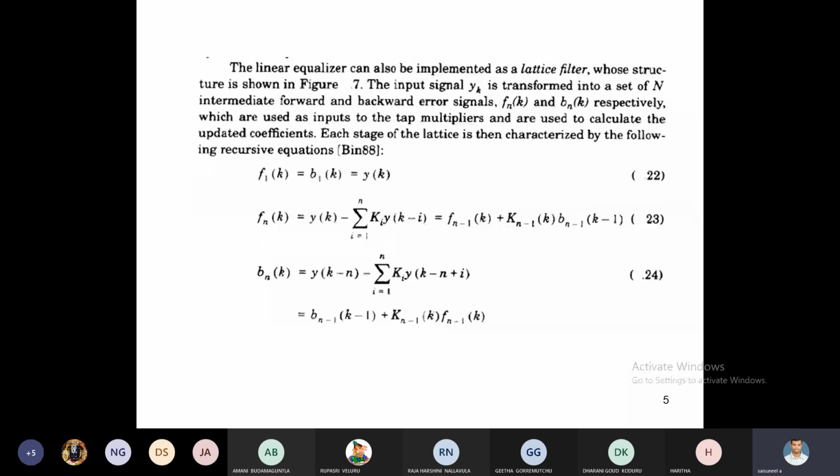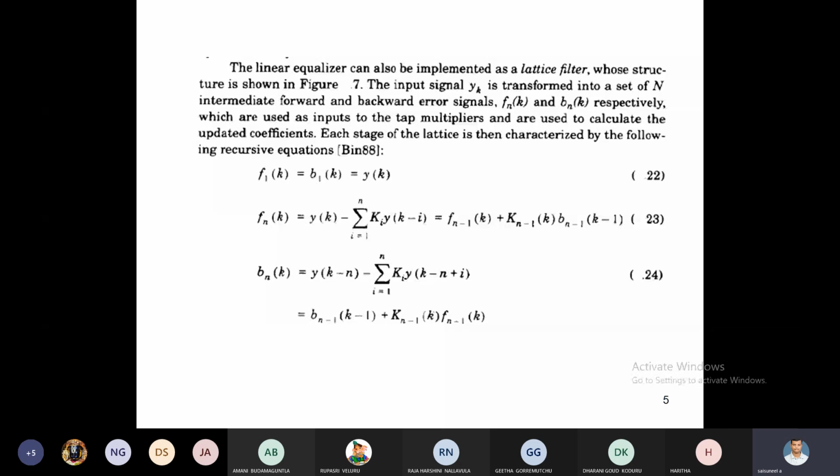What is meant by b n of k? It depends on the previous one: y of k minus n minus the summation over i equal to 1 to n of K i times y of k minus n plus i, which can be simplified as b n minus 1 of k minus 1 plus K n minus 1 of k times f n minus 1 of k.